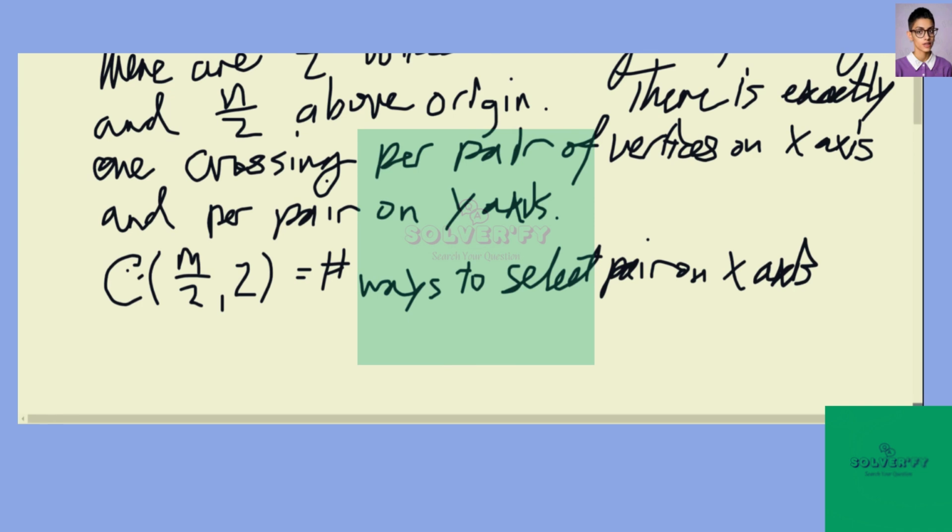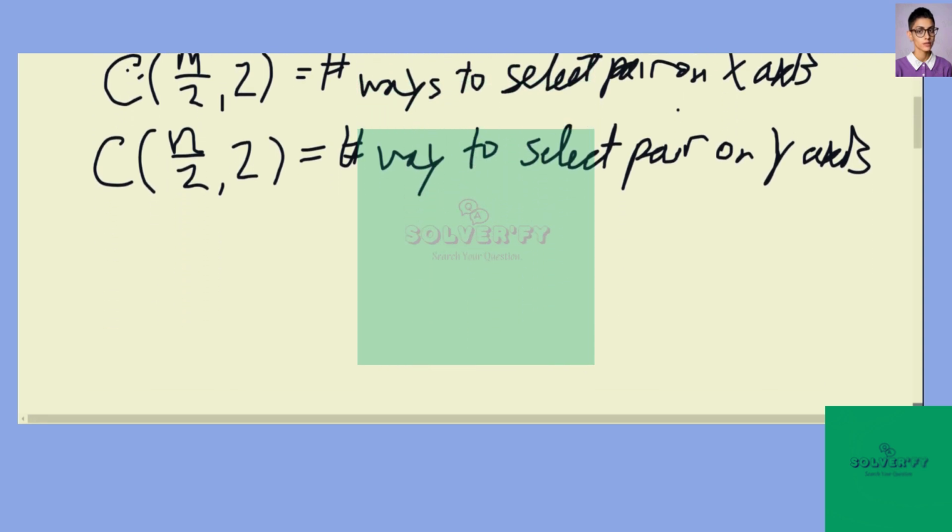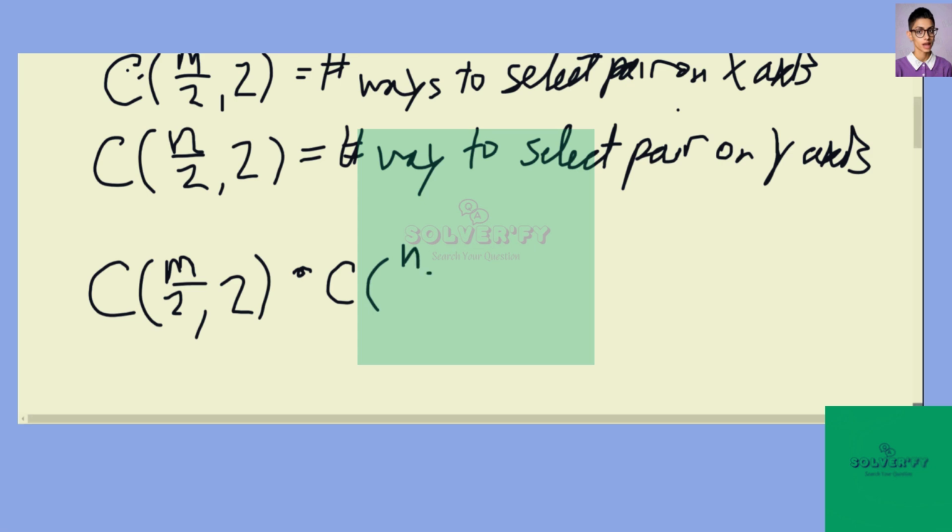And again, since the order is not important, there are C(n/2, 2) ways to select a pair of vertices on the y-axis. And so in total, there are C(m/2, 2) times C(n/2, 2) ways to select a pair of vertices on the x-axis and a pair of vertices on the y-axis, since these are independent.